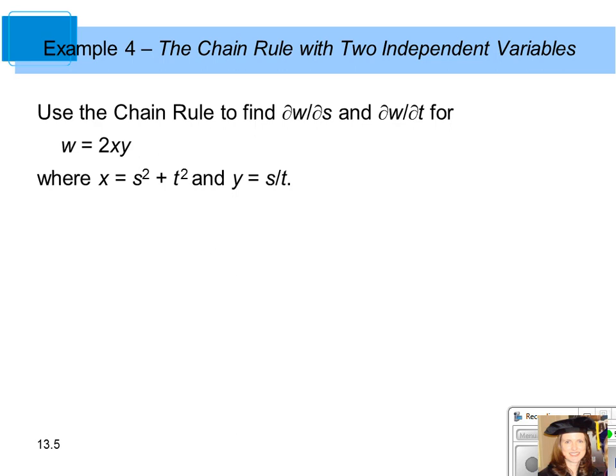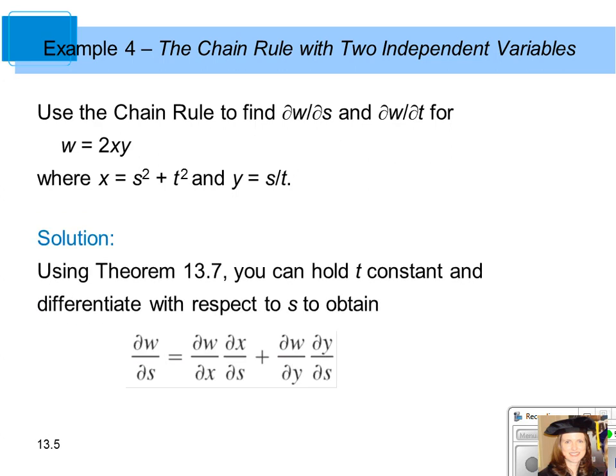In this example, we're going to use the chain rule to find the partial of w with respect to s and the partial of w with respect to t, if w is equal to 2xy and x equals s squared plus t squared and y equals s divided by t. To find the partial of w with respect to s, we're going to use this formula.